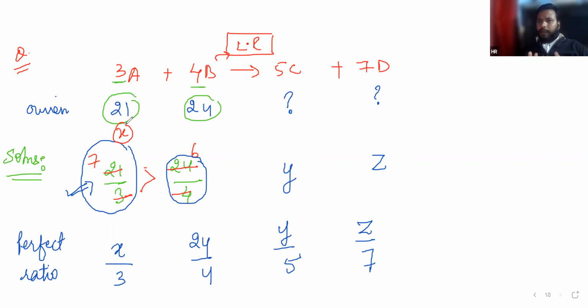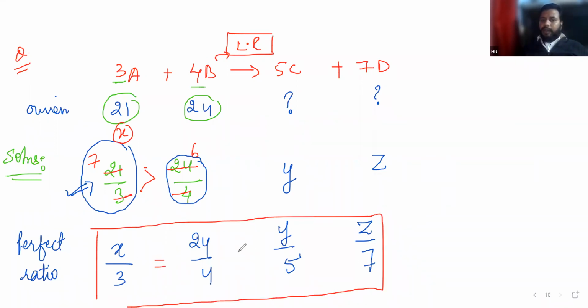Are you getting my point? Yes, sir. Now this is the perfect ratio, and it will be equal. You just need to equate these, and you will get every answer.